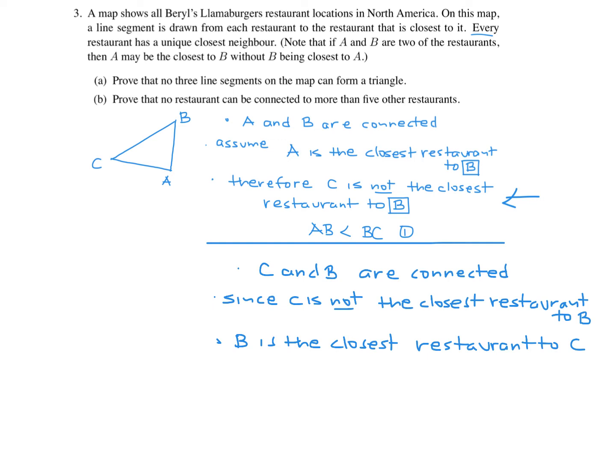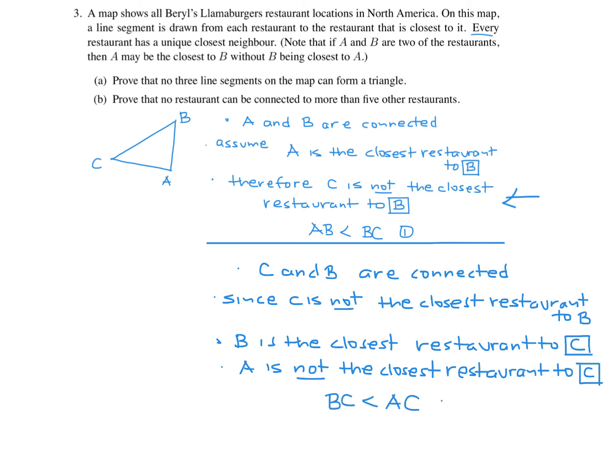And if they're connected, then one has to be the closest restaurant to the other. So we got to figure out which one it is. And so we made this conclusion here. Okay, if B is the closest restaurant to C, that means A is not the closest restaurant to C. And just as before, we can therefore conclude that the distance from B to C is less than the distance from A to C. And that will be my equation 2.